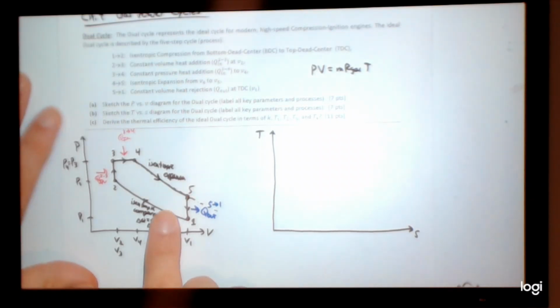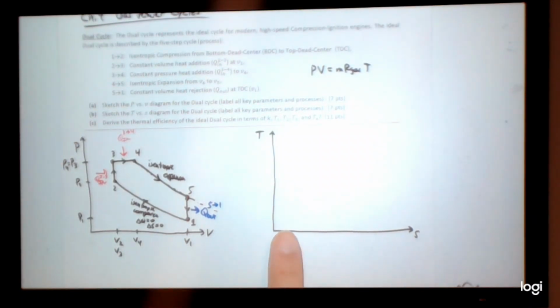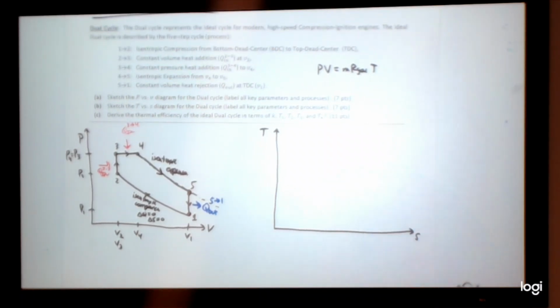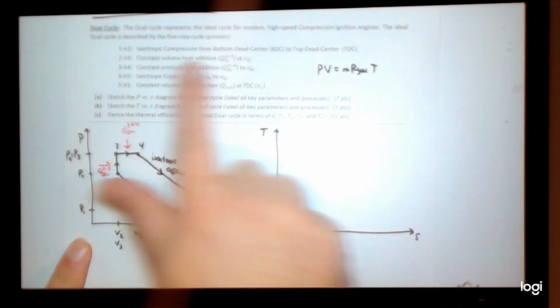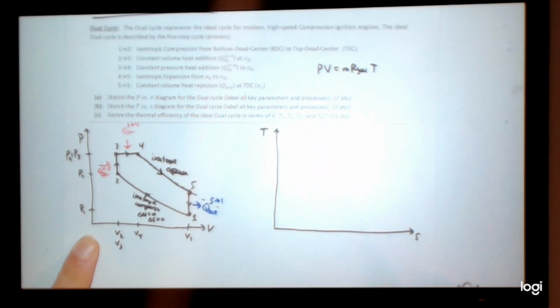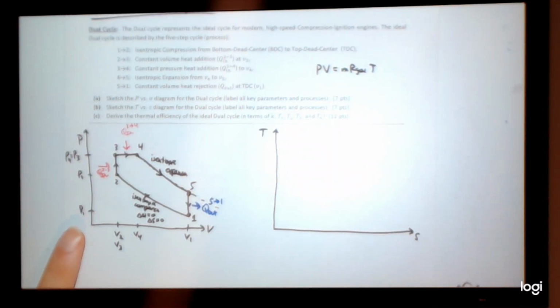Okay. So now the TS diagram, again, if you don't know where to start, you can always put a point right in the middle and draw it. So if you wanted to do that, you could start there, but what I'm going to do is isentropic compression. Well, we know that isentropic are straight up and down lines, right?